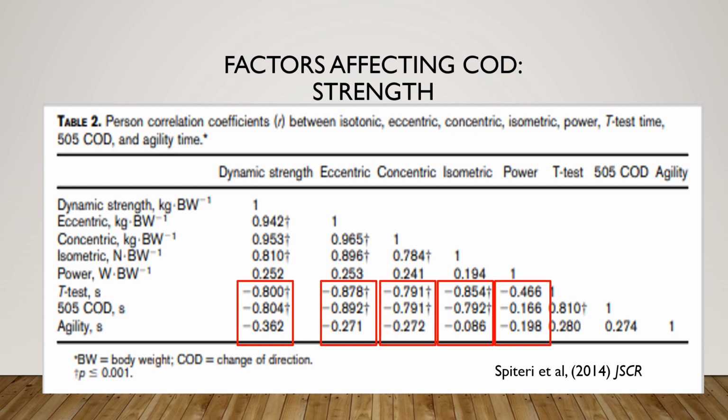While strength will play a role, and agility has a change of direction component by definition, we would also need to incorporate much greater cognitive components to see significant improvements. Again, it's important for us to understand what metrics we're actually trying to develop in an athlete, and therefore the role that different types of training might play. And we'll look at this in a little bit more detail in the subsequent session.